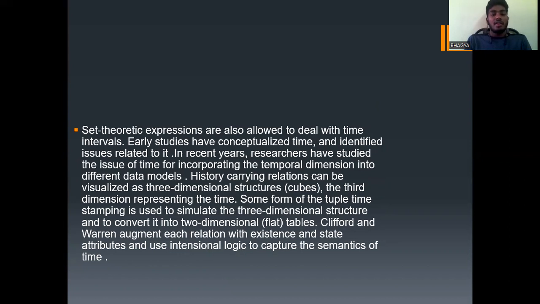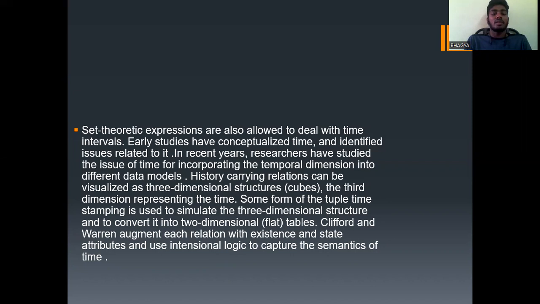Early studies have conceptualized time and identified issues related to it. In recent years, researchers have studied the issue of incorporating the temporal dimension into different data models. History-carrying relations can be visualized as three-dimensional cubes, with time giving the third dimension.